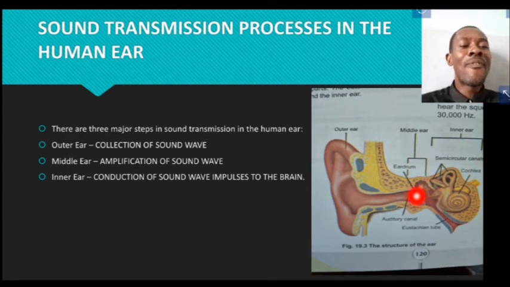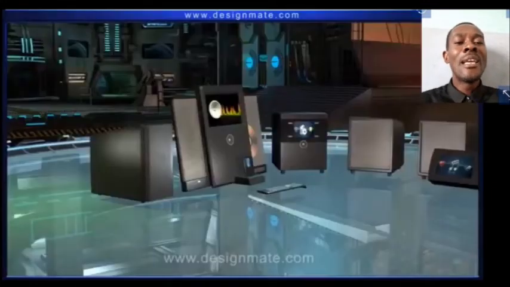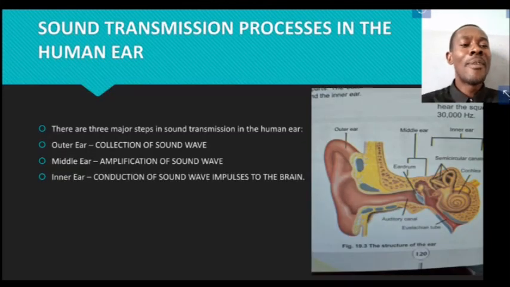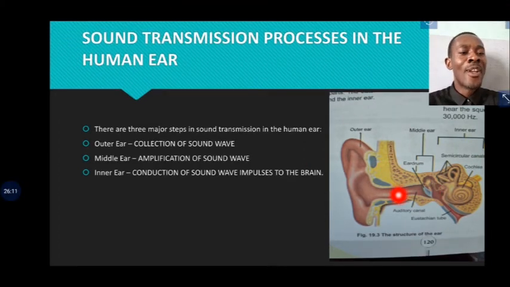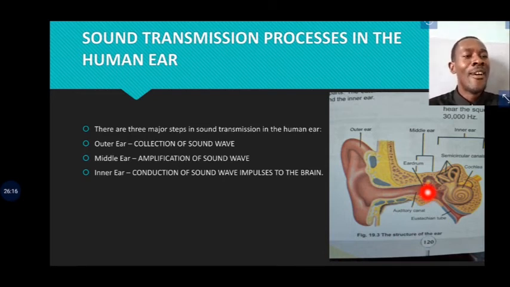The middle ear is there to amplify the sound wave that you have received. So when the sound wave comes to the middle ear, it is amplified. The sound is increased. And when it is increased, it is passed on to the inner ear.